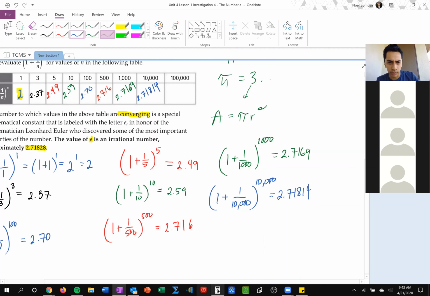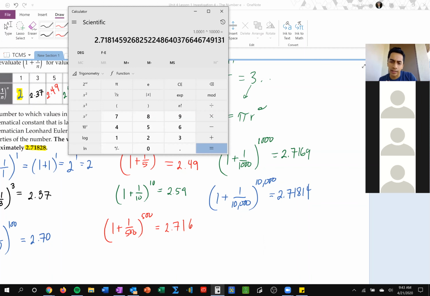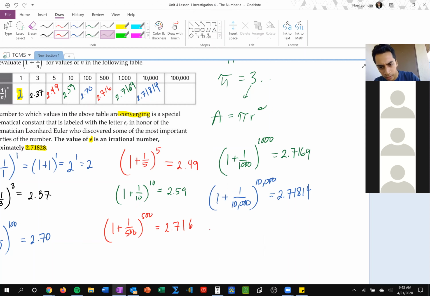Okay, and now finally we'll get to 100,000 and then we'll stop there. Obviously, the larger the number gets, the closer we'll get. But I believe we should get pretty close to 2.71828. All right, so the last one here: 1 plus 1 over 100,000 to the 100,000th power.